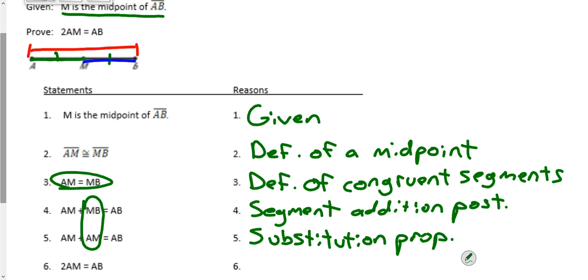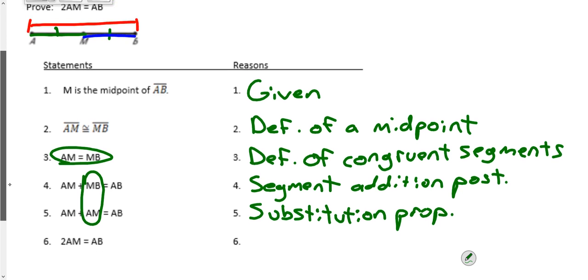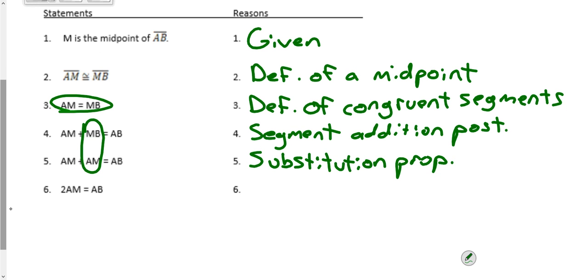So now going from number 5 to number 6, how did we get from AM plus AM equals AB to 2 times AM equals AB? We combined our like terms. AM plus AM combined is 2 times AM.